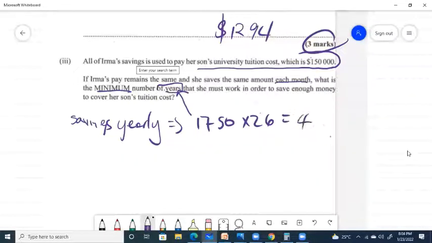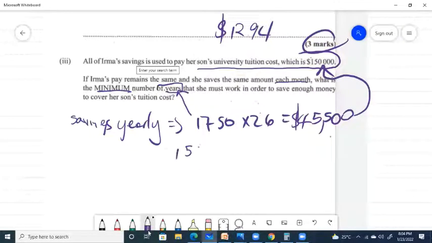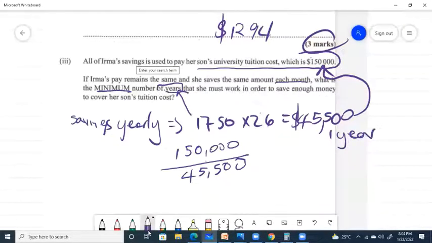All right. She's saving 45,500 per year, and she needs to meet this amount. So you can see that dividing can help you to figure out how many years. Because this is for 1 year, it's like you're saying 1 year's money.